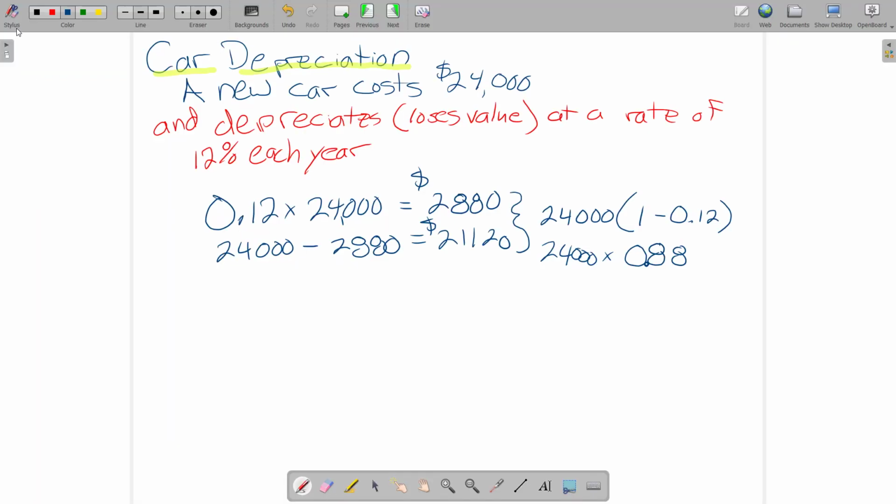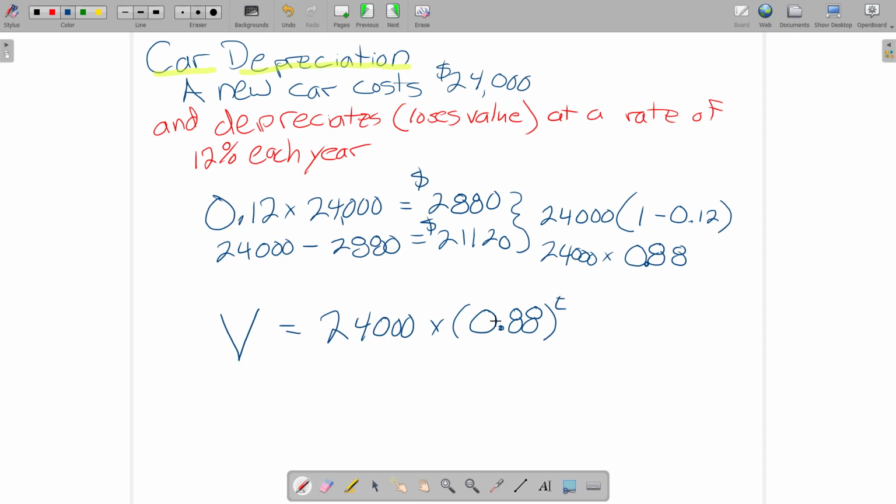And so we can develop a model for over time, the value of the car, let's call it V for value, is going to be the initial value, 24,000, times the amount we keep, which is 88%, because we lost 12%, raised to the power t, which is however much time in years goes by.